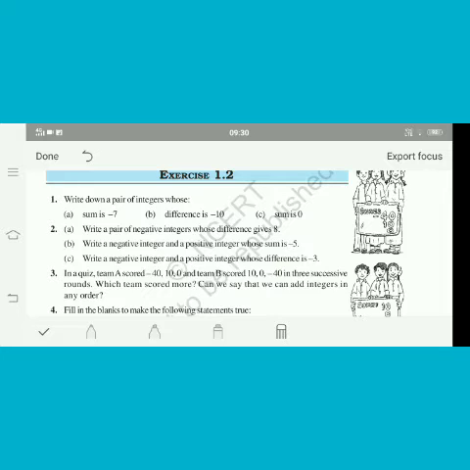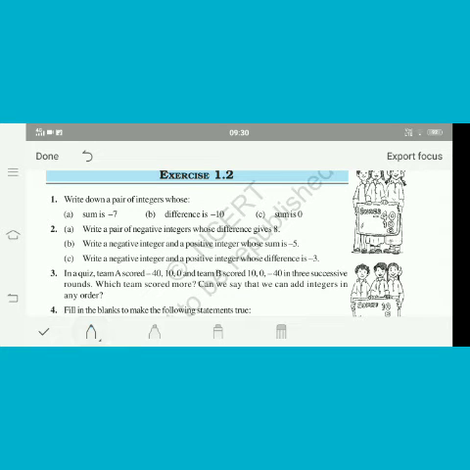Plus 10 we don't have to take, we directly, if we say 10 also, it's okay. So next question is, B: write a negative integer and a positive integer whose sum is minus 5. So you have to take a negative integer and a positive integer, and the answer should come out minus 5.